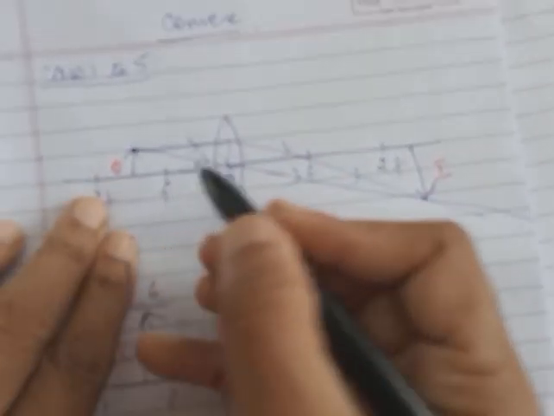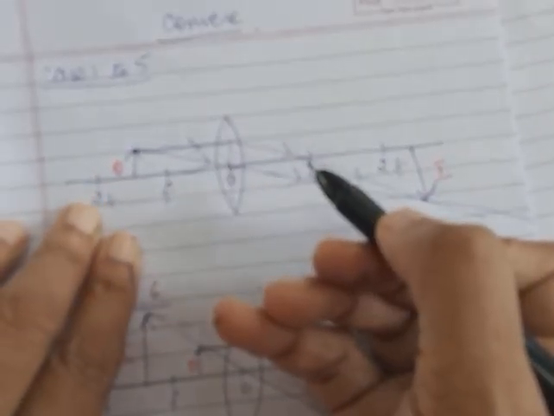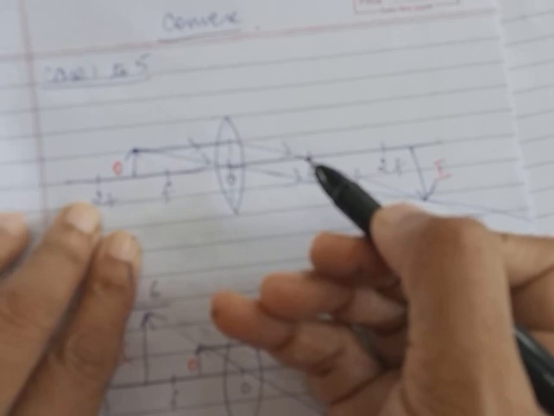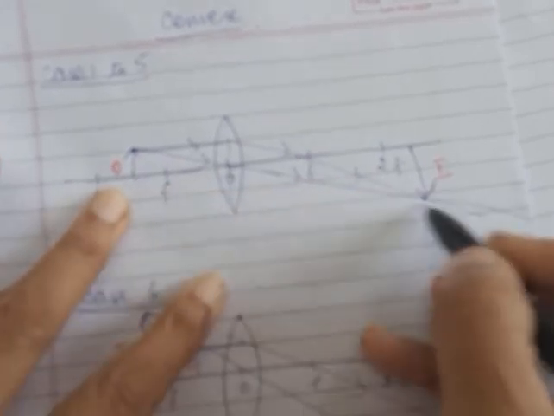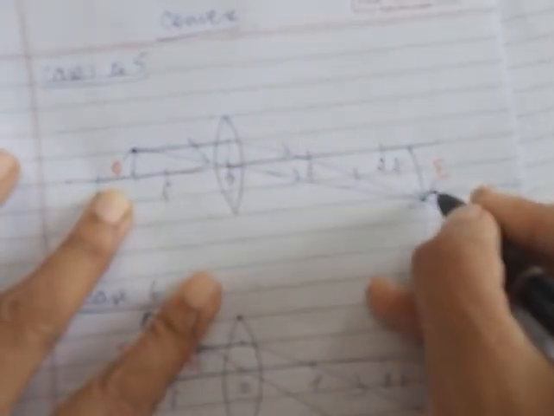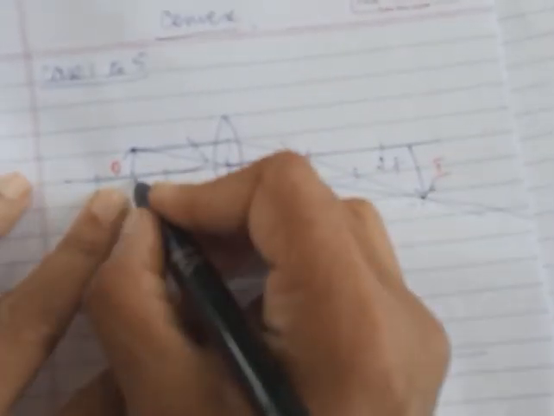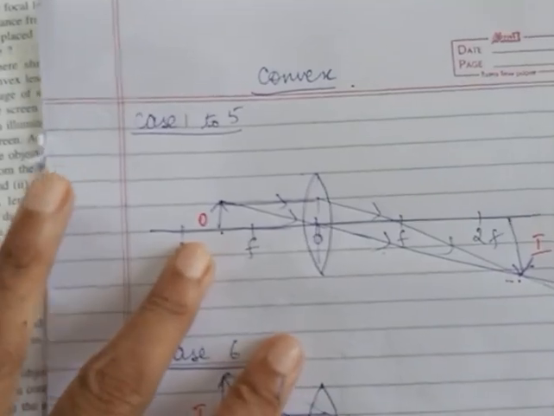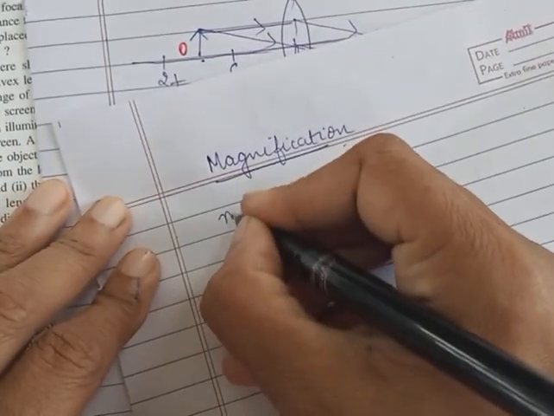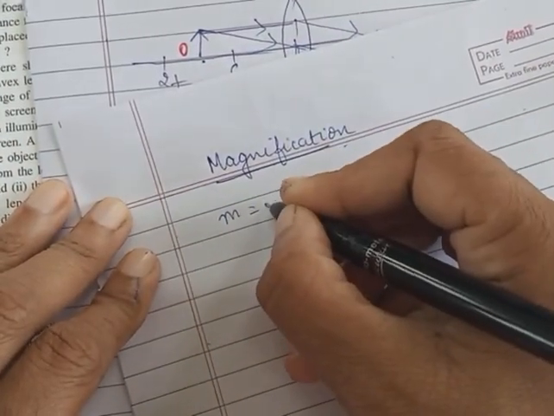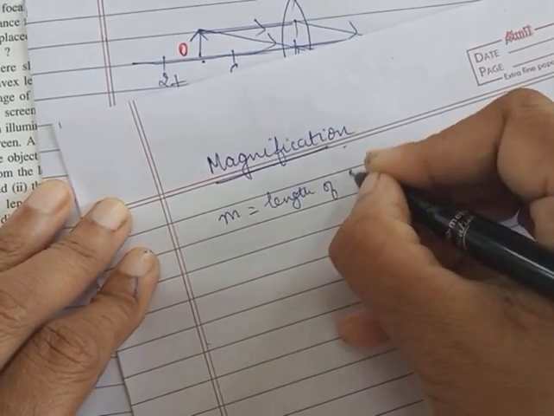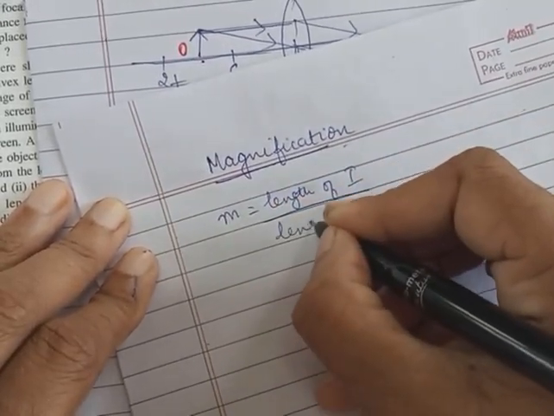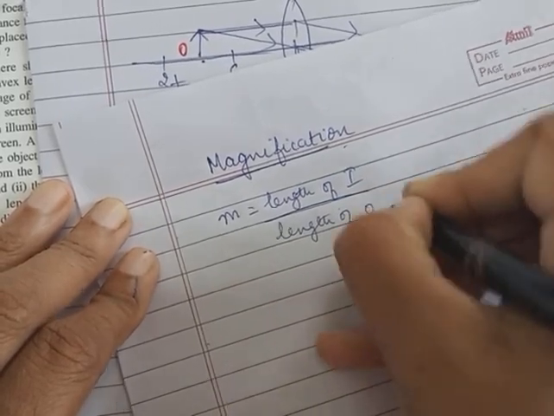Now in this case, this is the case beyond 2F. This is case 4. So you get an image size bigger than the object. So magnification is basically the ratio of height of image upon height of object.